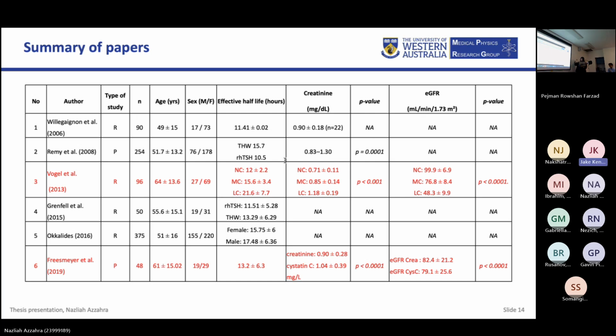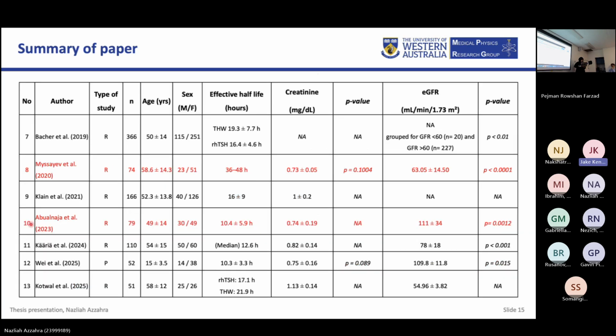And across all of these, there are 4 prospective studies and 9 retrospective studies, and across all of these studies, there was a clear female dominance, typically around 2 to 3 times more than male patients. The mean age from all of the studies ranges from 30 to 70, except one study that focused on children and adolescents, which is the study by Wayne et al.